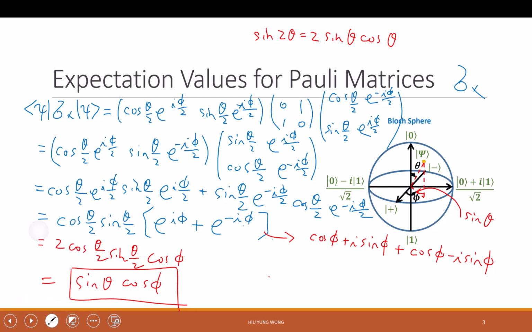We should actually also say that it equals the x component of, now I call it psi vector, right? This vector is not talking about the qubit vector. I'm really talking about the vector in this Bloch sphere we embed in our real 3D system. Right, the real vector.